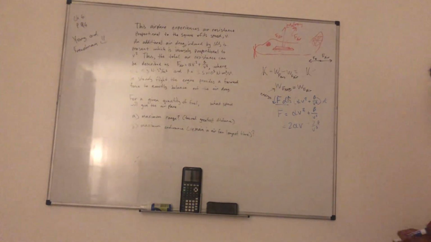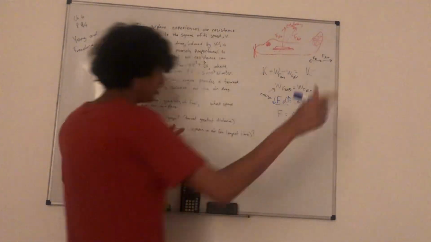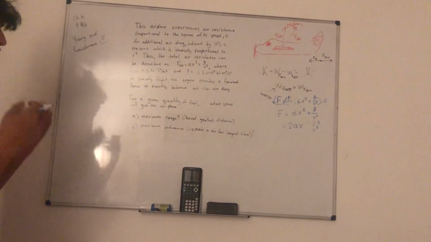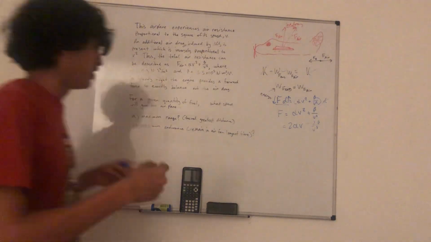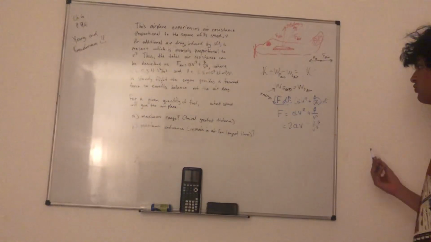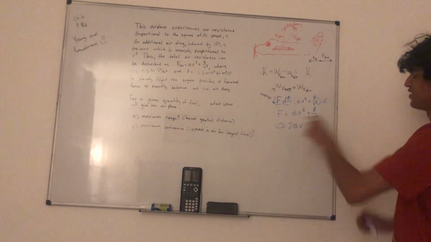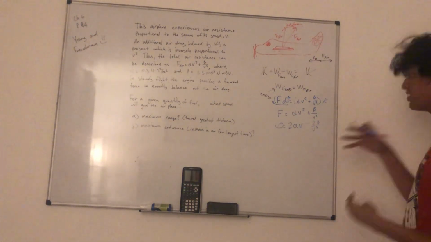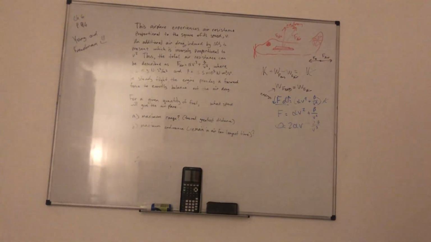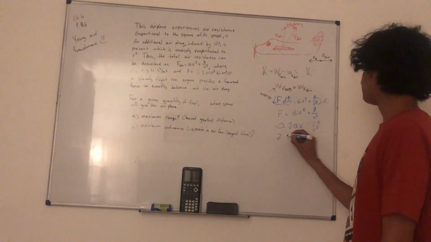If you're confused about where that came from, I just took the derivative of this function, and you can watch a lot of great videos on derivatives, on Khan Academy or something. Then we just have to find when this is equal to 0, right? I'm not saying that force is equal to 0. I'm just saying that in order to find that minimum value, we're finding when the derivative is equal to 0. Then it's just solved, right?